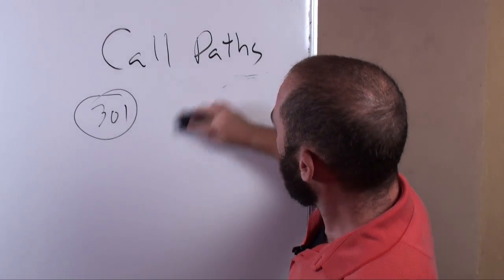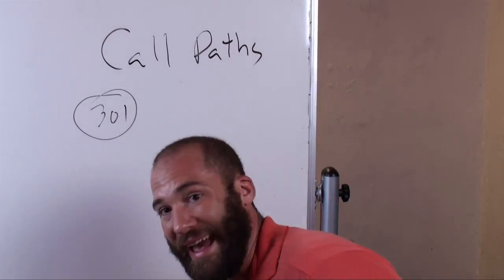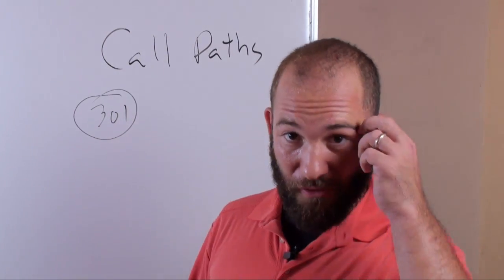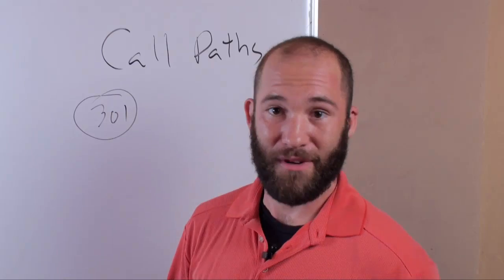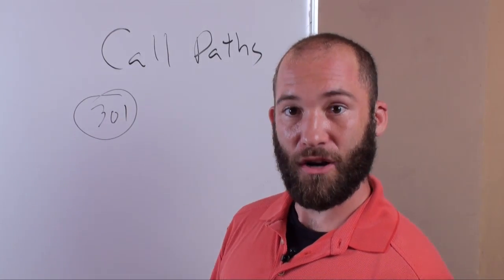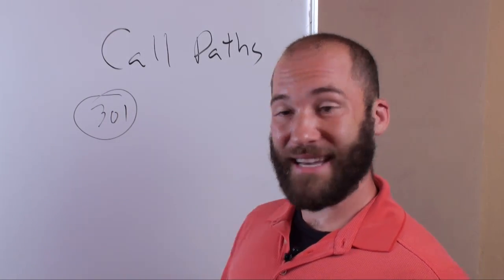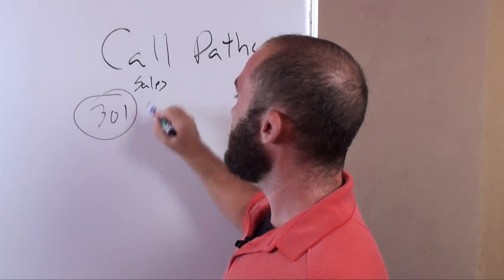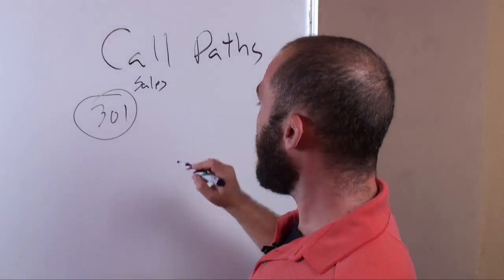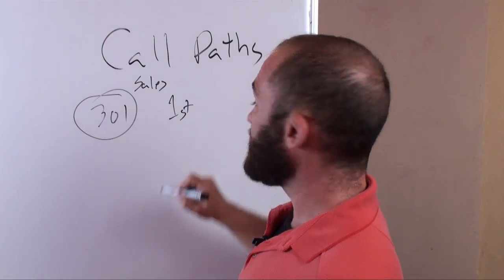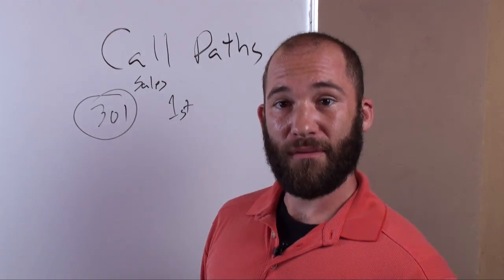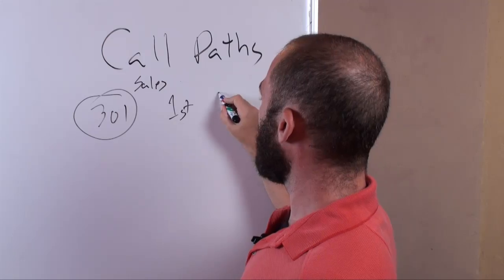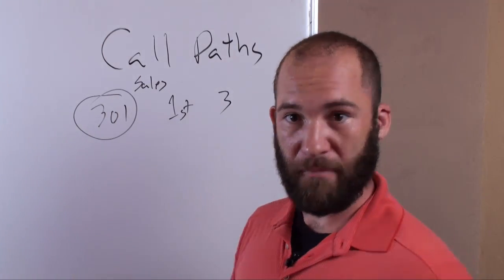You can make this much more complicated, and as you start dealing with telephone systems, you will come up with much more complicated call paths. So let's say somebody calls in to 301, and let's say 301 is sales. First, you can say, I want the phone on 301's desk to ring 3 times.